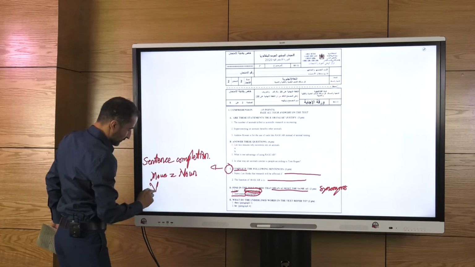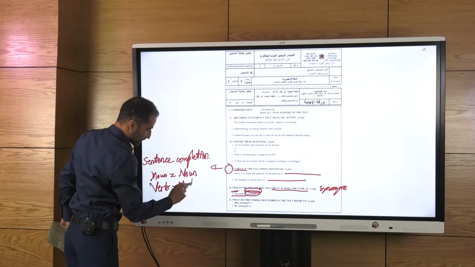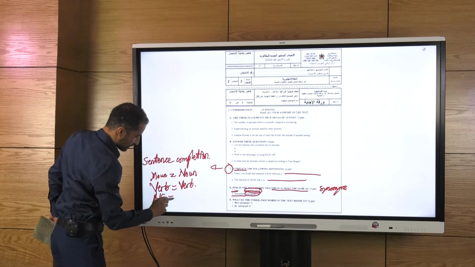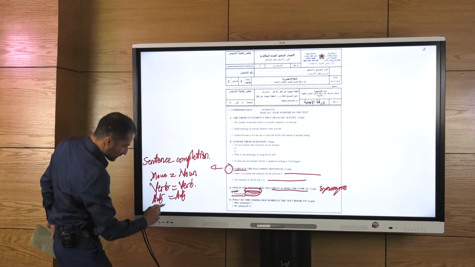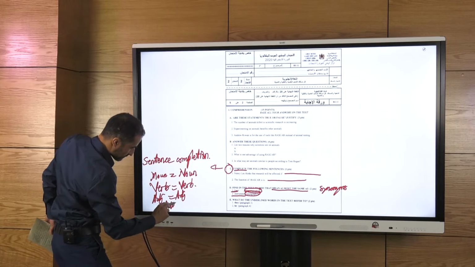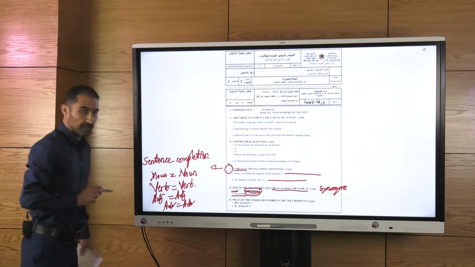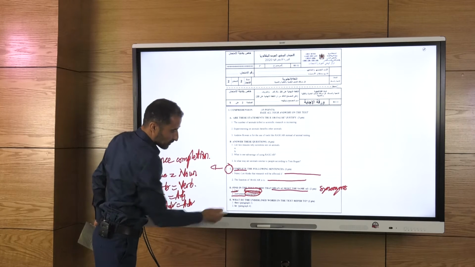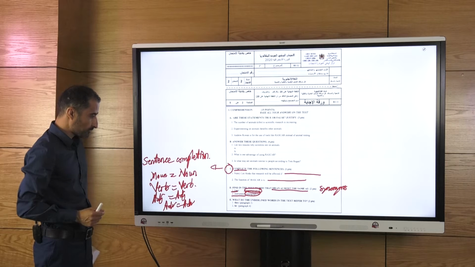If you have a verb, your answer should be a verb. If it is an adjective, your answer is going to be an adjective. And if it's an adverb, your answer is going to be an adverb, okay? And you have here the number of the paragraph where the answer lies.